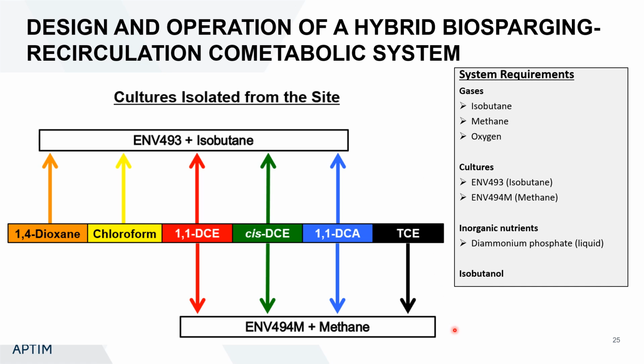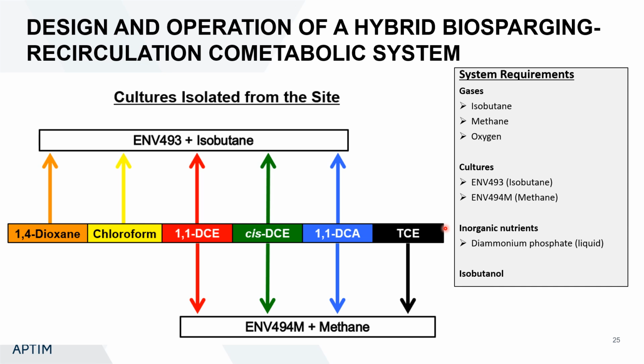However, the methanotrophic culture that we isolated could degrade TCE very readily, as well as some of the other chlorinated solvents. So we needed a field system that would allow us to inject isobutane gas, methane gas, and oxygen, as well as two bioaugmentation cultures, 493 and 494M, and some inorganic nutrients.